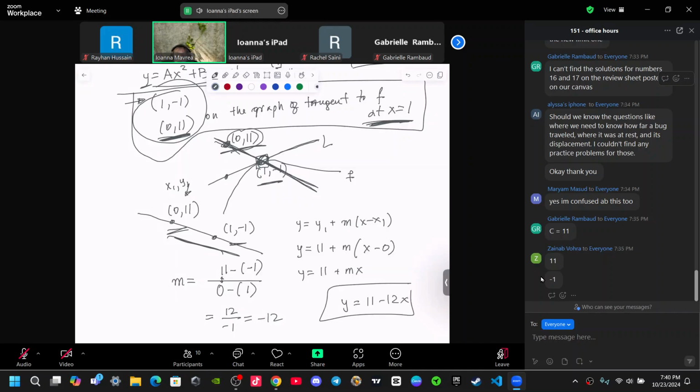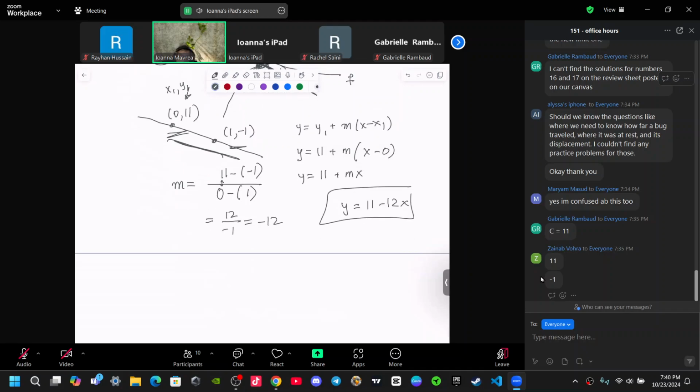Okay. Does that help me? Well, let's see. So I have a function, and I have a tangent line. It's supposed to have a negative slope, but let's pretend we didn't notice that. So the slope is negative at x equal 1. But the slope is the derivative. So the derivative at x equal 1 must be negative 12.